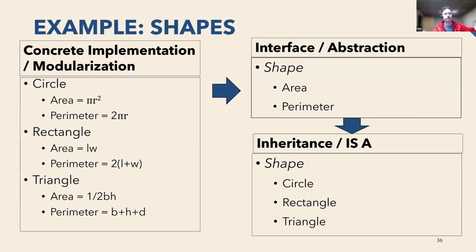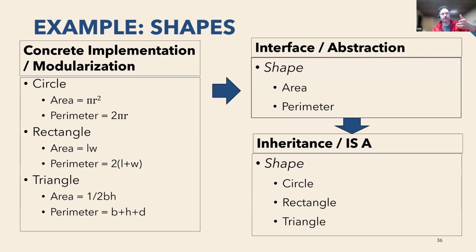And these shapes are responsible for calculating the area and perimeter. So essentially what you're doing is defining a set, and you're saying, what is the responsibility of that set? And then your inheritance is always saying, okay, what classes actually belong to that set?